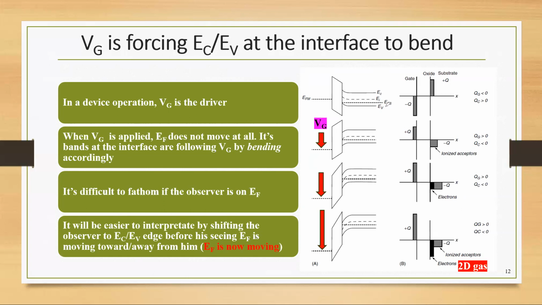It can only move by doping. Once the doping is fixed, the position of the Fermi level inside the semiconductor is fixed, which means this distance is fixed. But that's not going to work properly, right?